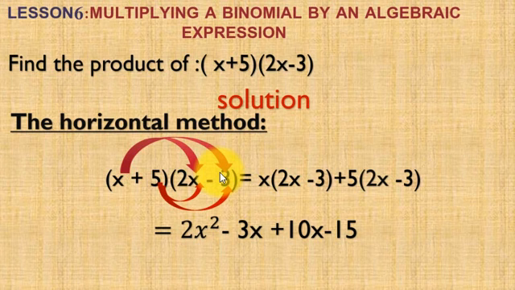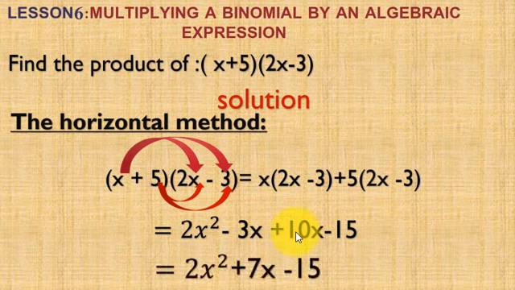As you see, here we have two like terms. So we can add negative 3x and 10x to get 7x. So the result will be 2x power 2 plus 7x minus 15 in its simplest form.